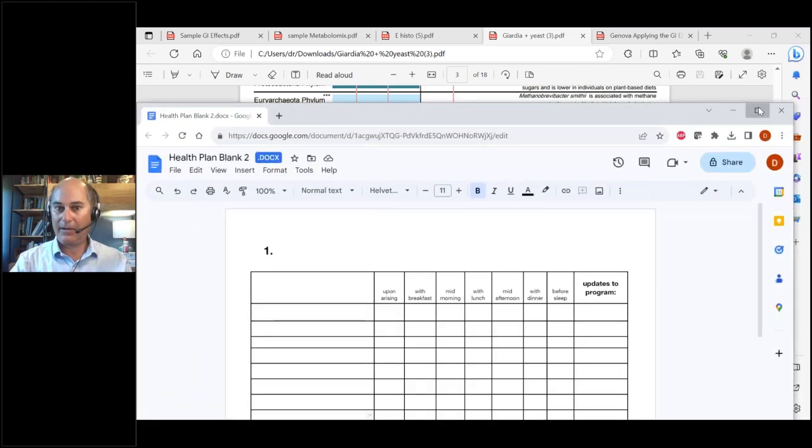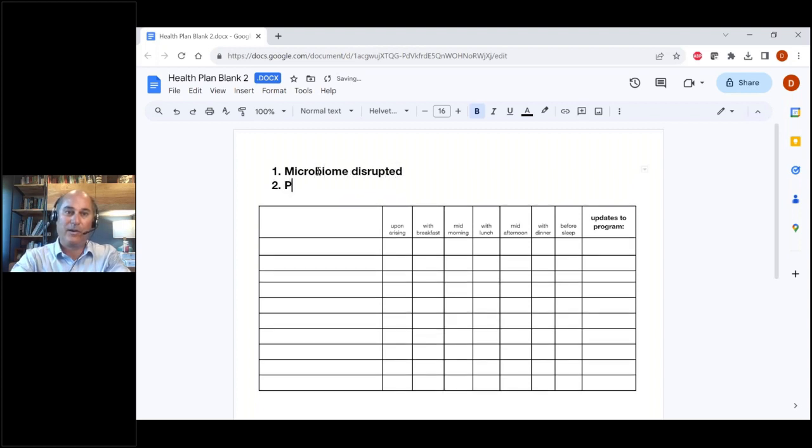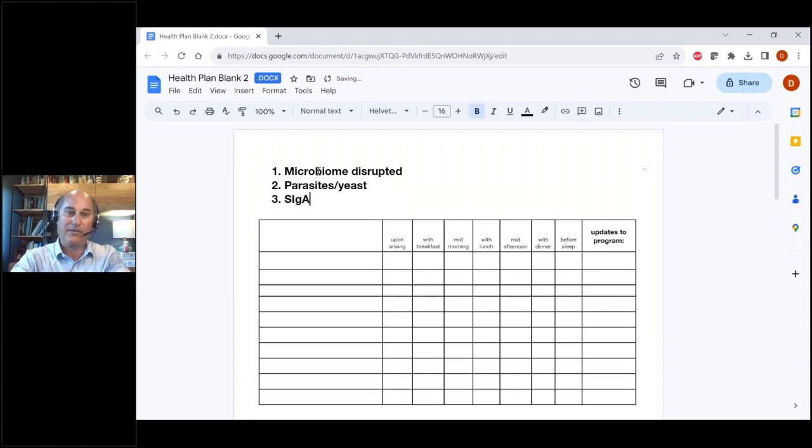All right, so now let's just state the problems. Well, the microbiome was disrupted, right? So microbiome disrupted. There were a parasitic infection and yeast overgrowth. Sig-A was off, so that's immune system and gut.